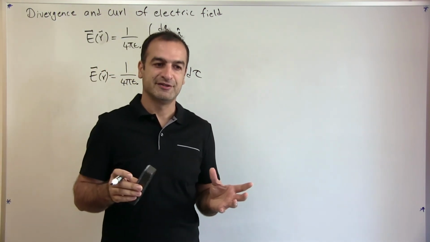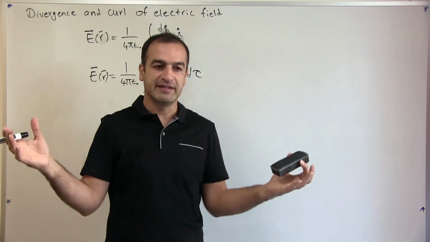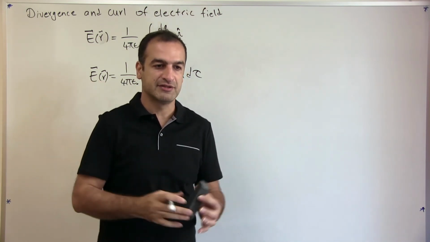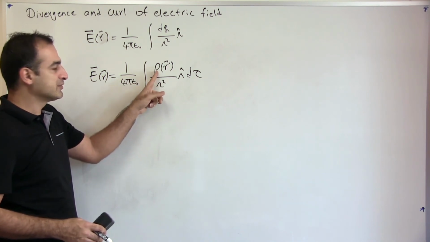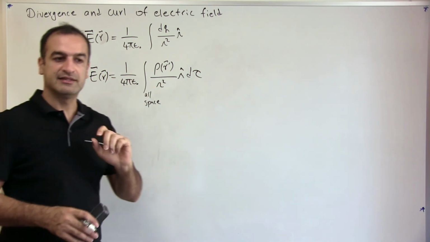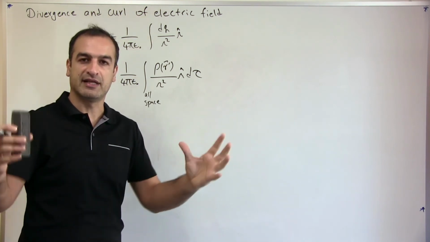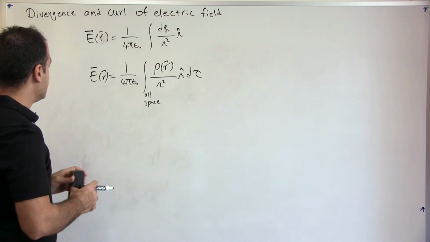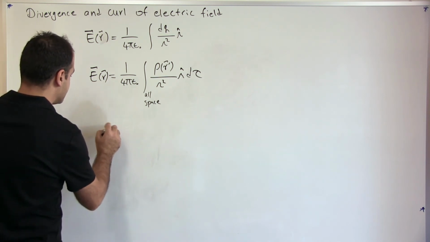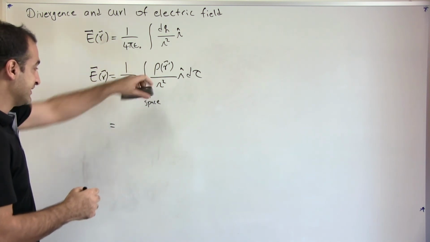Does it change? No. If we include everything else where we do not have charge distribution, it doesn't make any change because at those points rho of r is 0. And this looks like we are adding 0 to that integral, which is going to be fine. So I'm going to change this for the sake of being able to take the divergence of the integrand here.